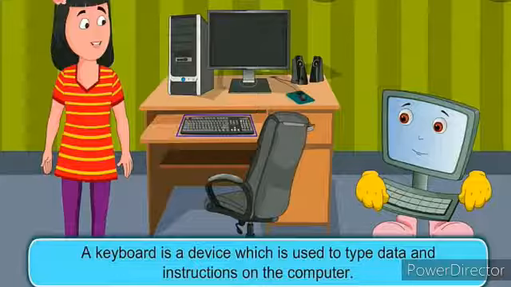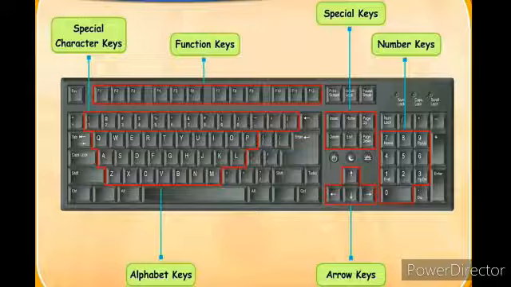You can type alphabets, numbers, words, and sentences by using a keyboard. A keyboard consists of different types of keys, such as alphabet keys, number keys, punctuation keys, function keys, arrow keys, symbol keys, and special keys.